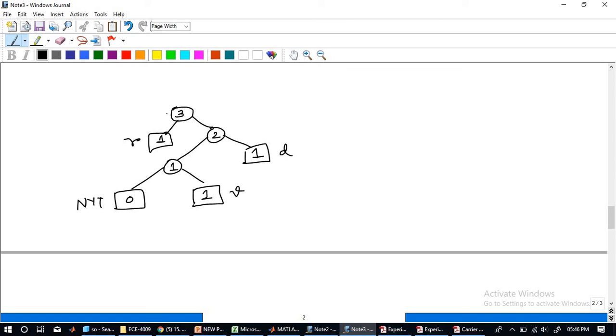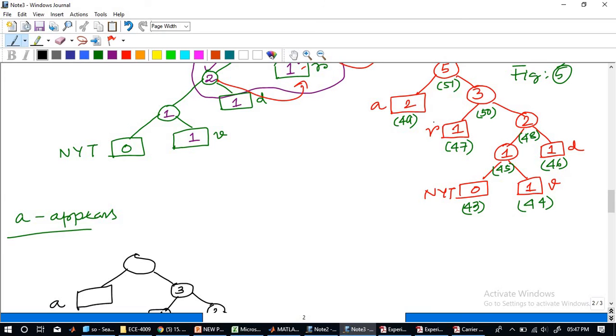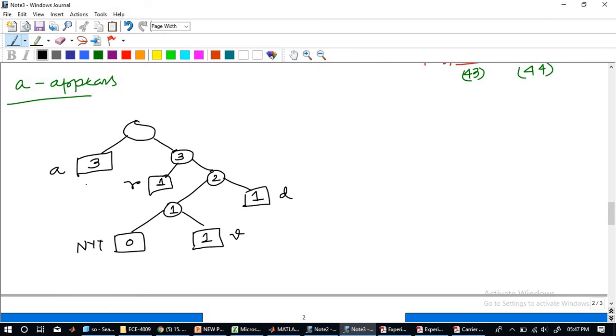Now A. Okay, this is fine. I'll keep this blank, and I'll keep the A out here. Previous diagram A was 2, so the new entry will make the count 1 more. So I'll make this 3. So A3 and this 3, 3 plus 3 should be 6. Even if it is equal, we don't need to swap. Please remember, if they are equal, we don't need to swap. Even if the left hand side weight is equal to the right hand side weight, we don't need to swap anything.